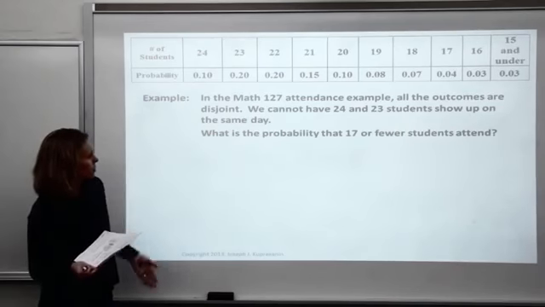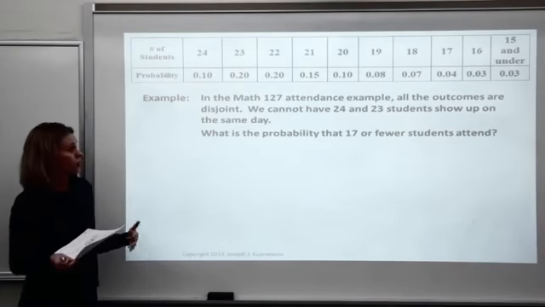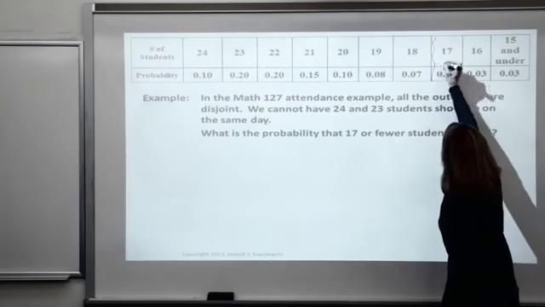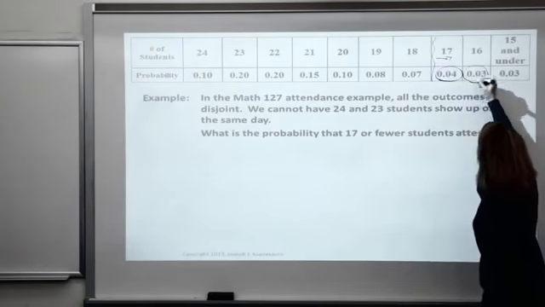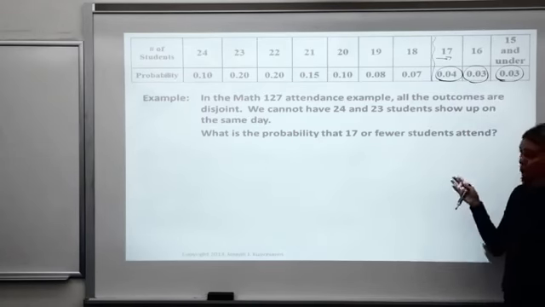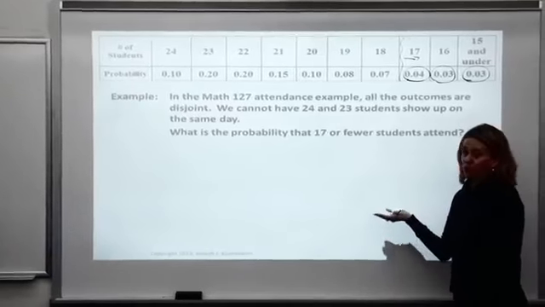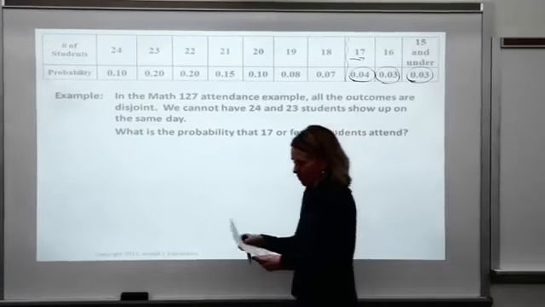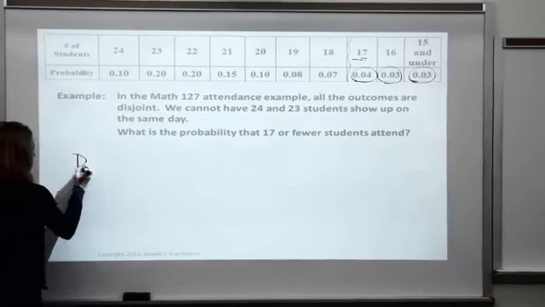So if we wanted to know the probability that 17 or fewer students attend, 17 or fewer would be these. Since these three events are disjoint, we can use that addition rule and simply add them up. We've done that already with a problem like this, but weren't formally using this rule.